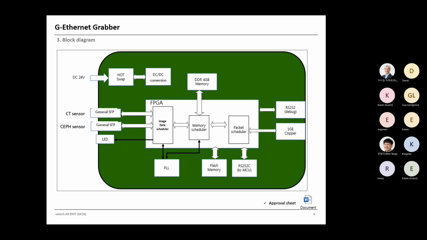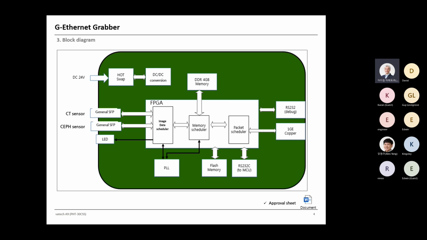Images are coming from the sensor and need to be transmitted to the PC, right? So in order to not miss all these images that are coming at speed to this grabber, there is a need for this memory card, which saves those images for some time and then assists in sending them to the PC.